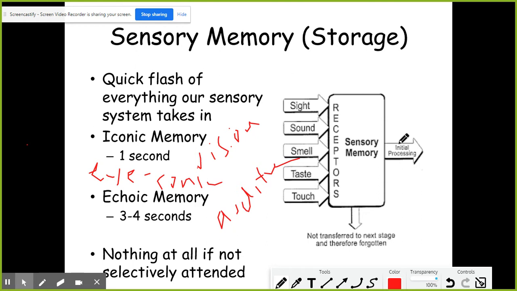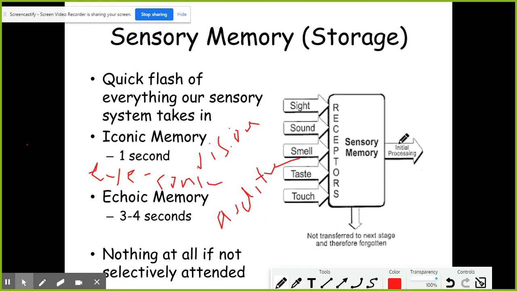There's more visual information. At any given point, you are bringing in millions of pieces of visual information per second, whereas with hearing it's not quite as much. But also, it takes us longer to process language than it does to process visual information. So we need to hold it for longer.